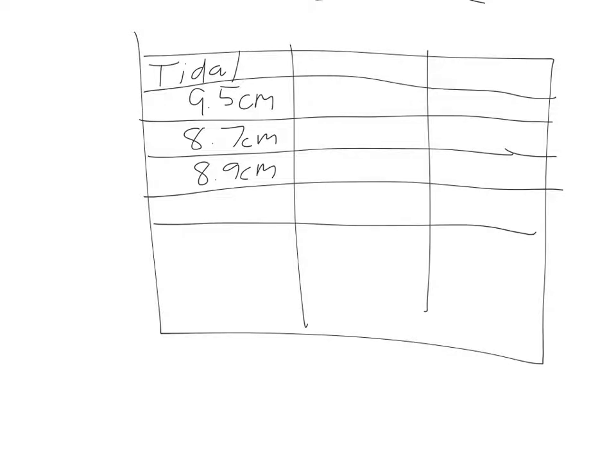Nope. So you're just going to add them up and divide by 3. So for me it's 9.5 and then 8.7, 8.9. I'm doing this in my calculator, and I divide that by 3.